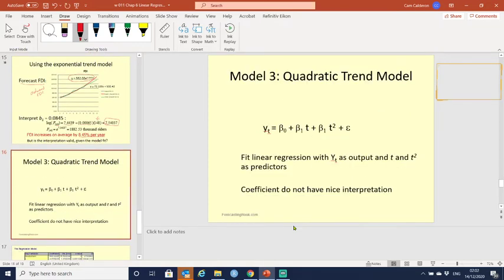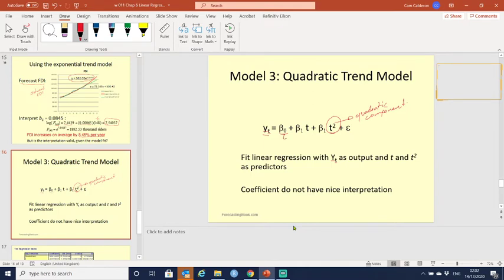So we have here model 3, the quadratic trend model. The quadratic trend model, as you remember from my first video, has a quadratic component. Again, yt can be anything.